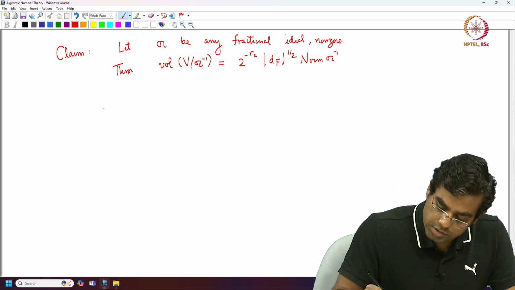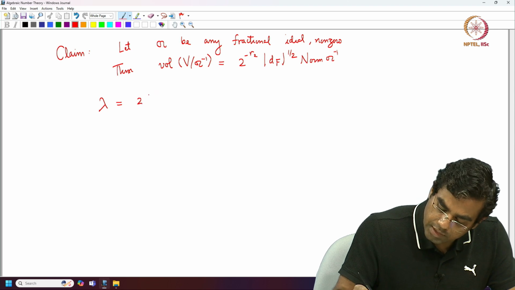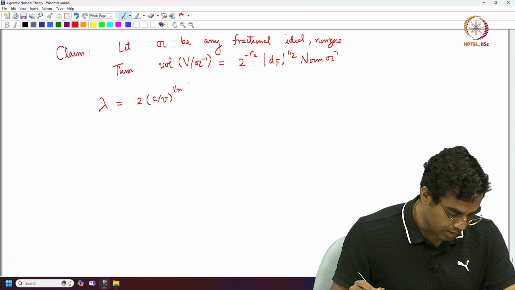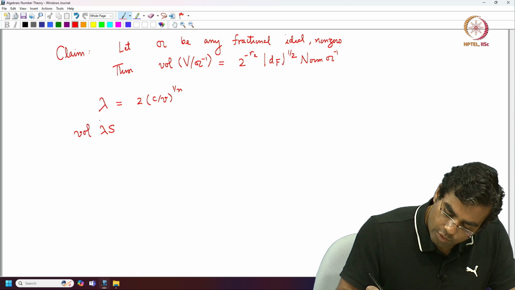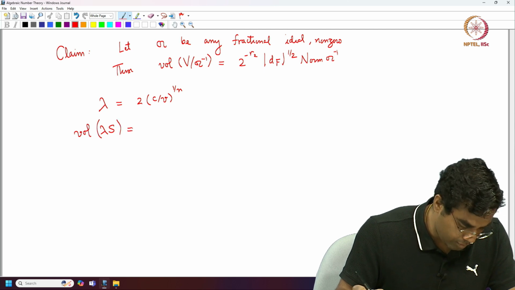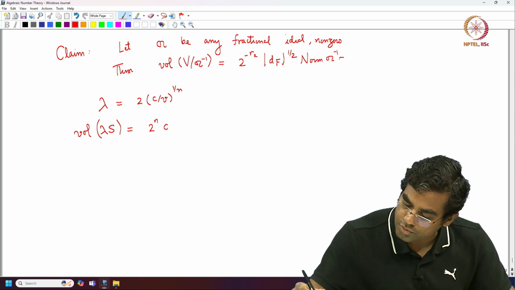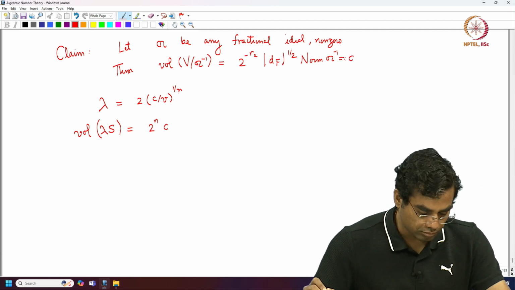Okay. So, I am going to be quick, not explain really what is the motivation behind all these definitions. I take lambda to be this, and now you consider lambda S and you look at its volume. It is easy to see that the volume of this is 2 to the n times C, where C is this quantity. Okay. All right.